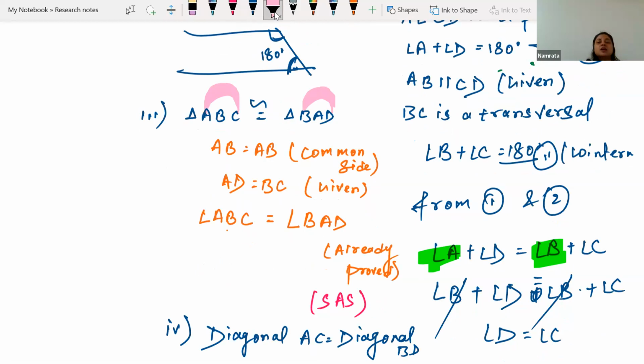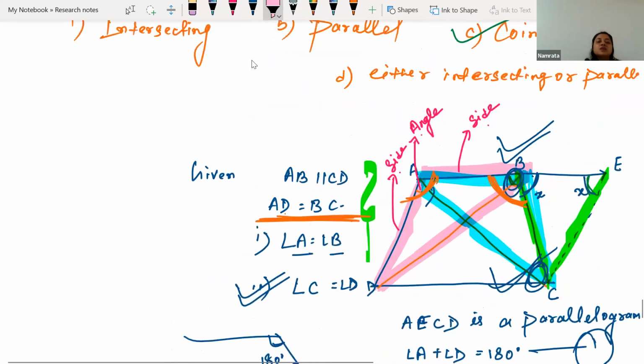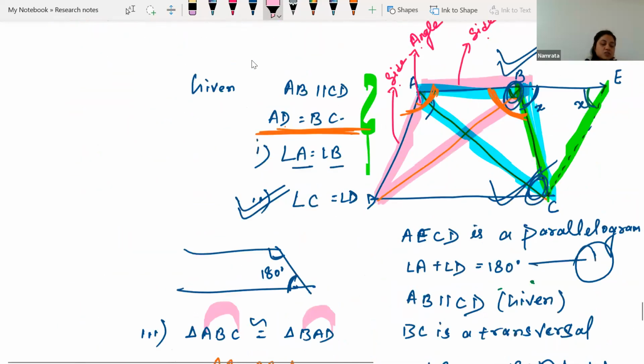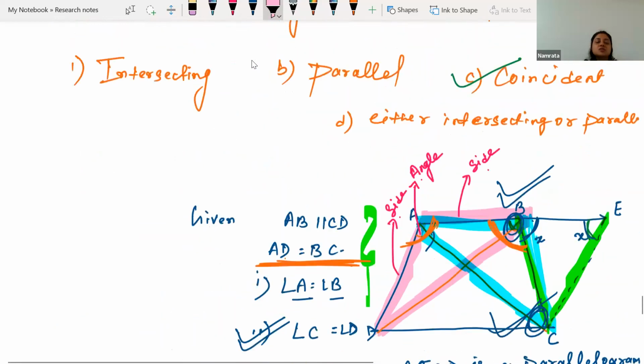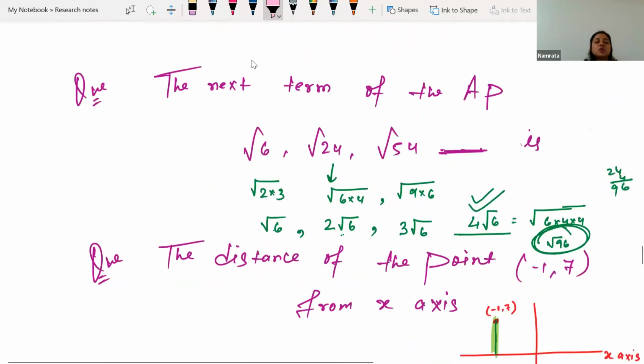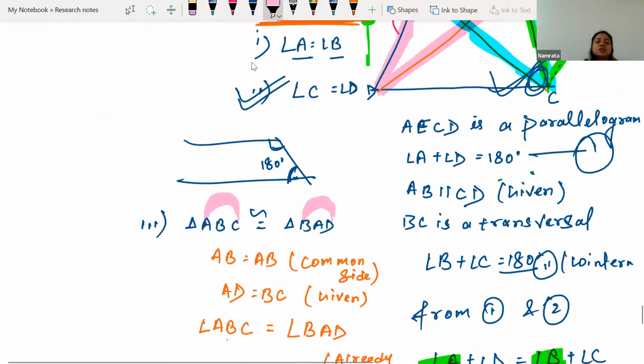Alright. Hence we are done with the first exercise, which was totally based on parallelogram, rhombus. These properties of parallelogram were there, the quadrilateral family was there, and everything.